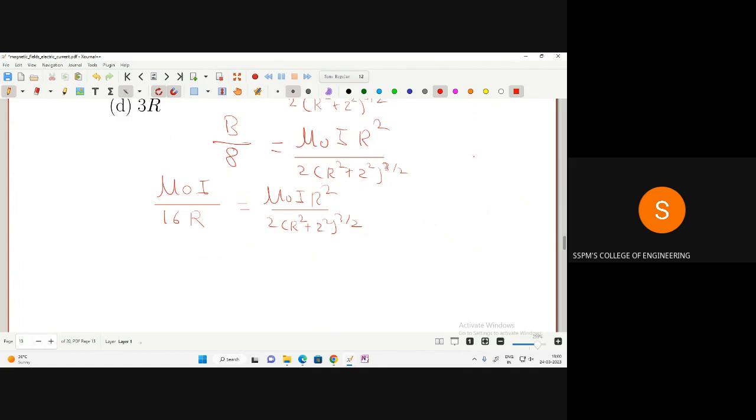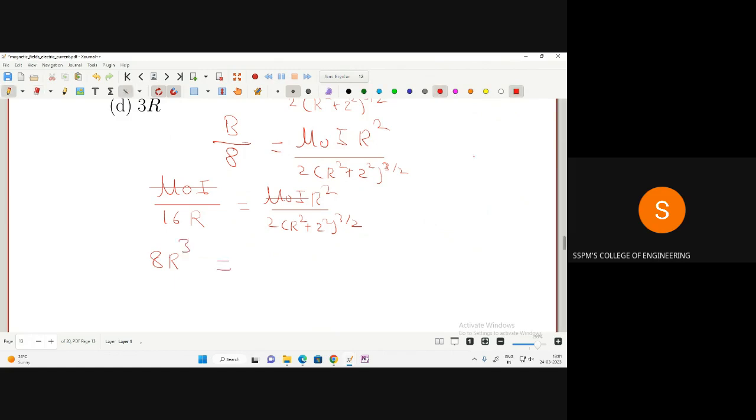Mu 0 I from both sides will be cancelled and this equation you will get. What is the equation? 8R cube. 8R cube म्हणजे बघा 16R into R square divided by 2 is 8R cube.